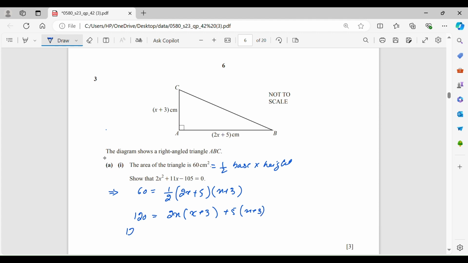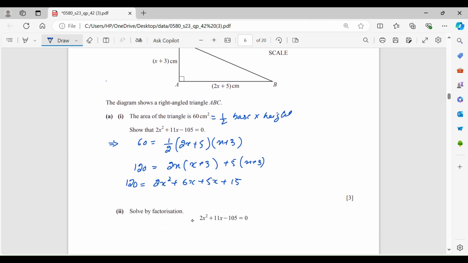Now 120 will be equal to 2x square plus 6x plus 5x plus 15. Now 2x square, 6x plus 5x is 11x, plus 15 minus 120 is equal to 0. Now 2x square plus 11x minus 105 is equal to 0, right?